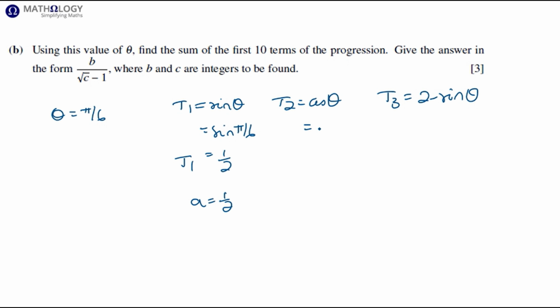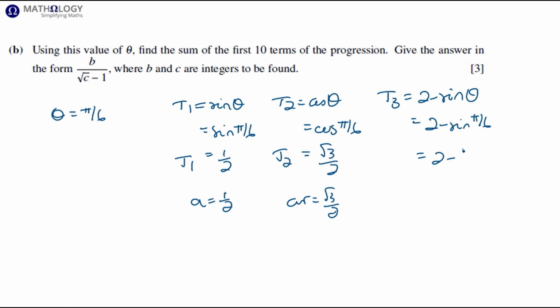Term 2 is cos theta, cos pi by 6. In terms of degrees, that's cos 30, which is root 3 over 2. So AR equals root 3 over 2. AR is term 2. And term 3 is 2 minus sine pi by 6. 2 minus a half, which is 1 1/2 or 3 over 2.